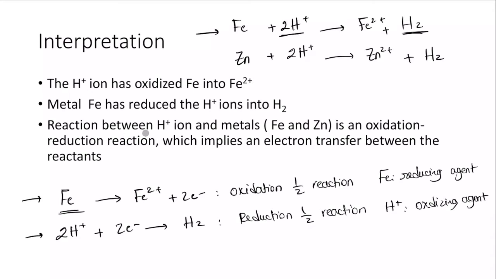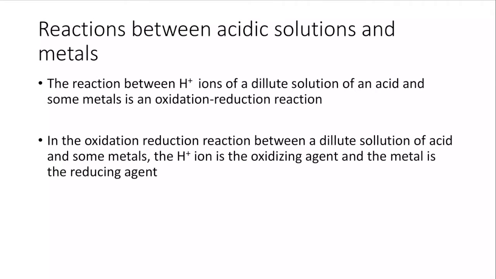So the reaction between H plus ions and metals, Fe and Zn, these two metals, is an oxidation reduction reaction which implies an electron transfer between the reactants. Okay? Clear? So the reactions between acidic solutions and metals.